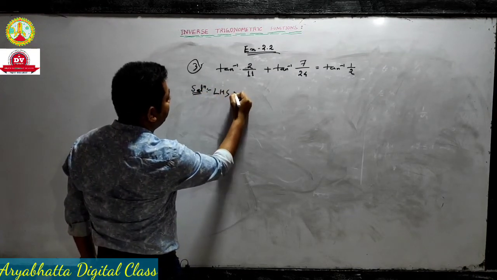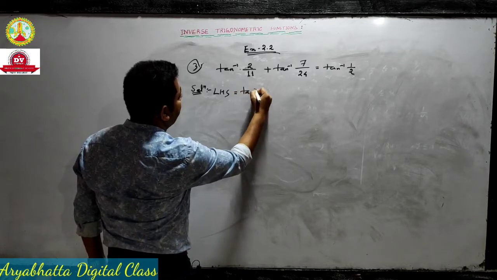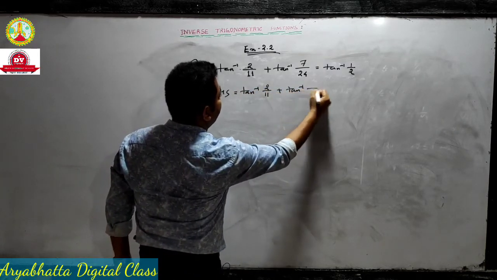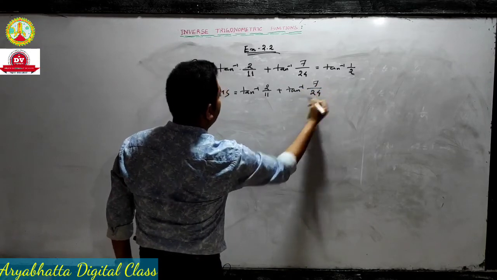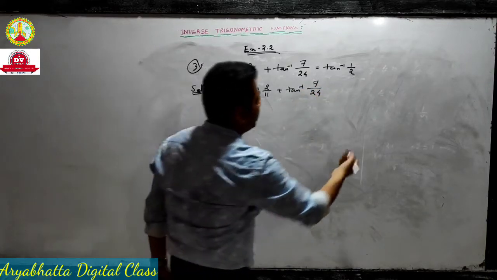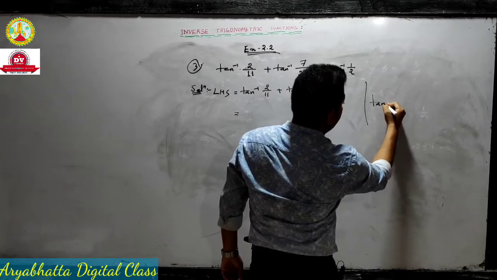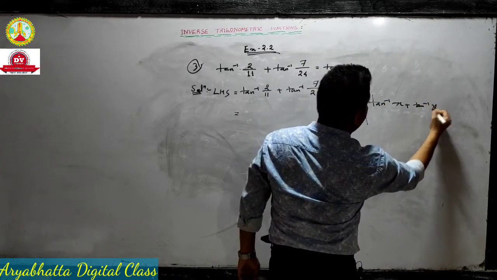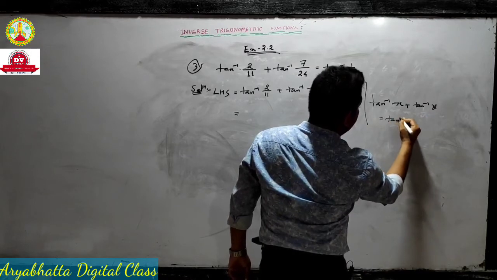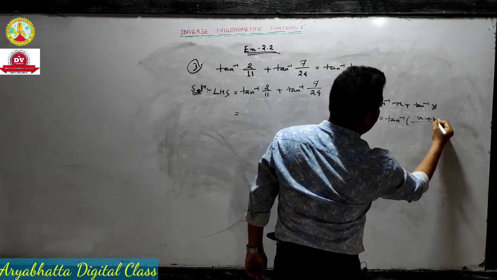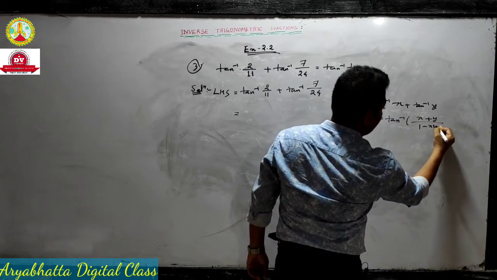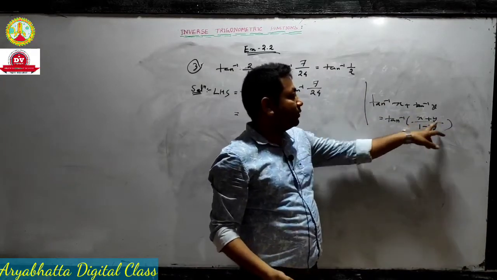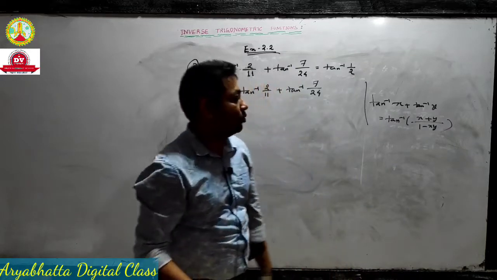Solution: Left hand side is equal to tan inverse 2 by 11 plus tan inverse 7 by 24. We know that tan inverse x plus tan inverse y is equal to tan inverse of x plus y divided by 1 minus xy.